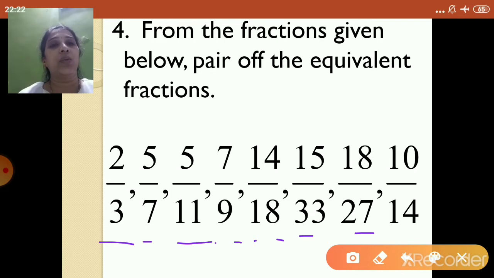So 3 2s are 6 and 3 3s are 9. So instead of doing it again and again, we can see that 18 and 27 come in the 9's table. So 9 2s are 18 and 9 3s are 27. So 2 upon 3. So 18 upon 27 is an equivalent fraction.